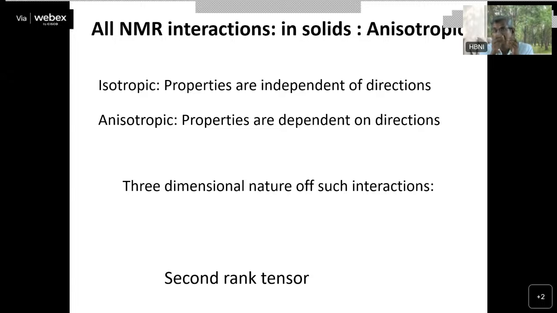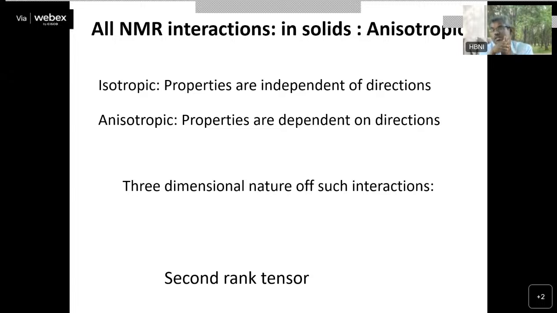If you measure, for example, chemical shift or the electron density in one direction, let us say the x direction, it will be different in the y direction, and it will also be different in the z direction. This is not the situation with molecules like ethyl alcohol or acetone, because everywhere, suppose you probe carbon or proton, the charge distribution is symmetric.